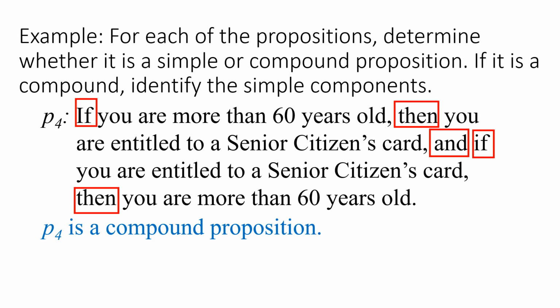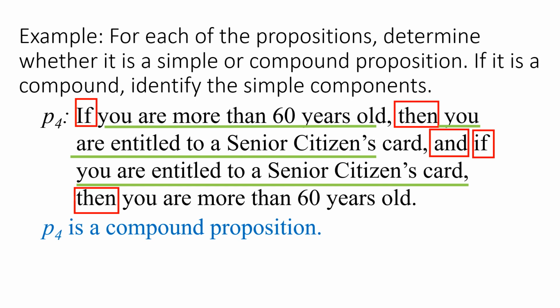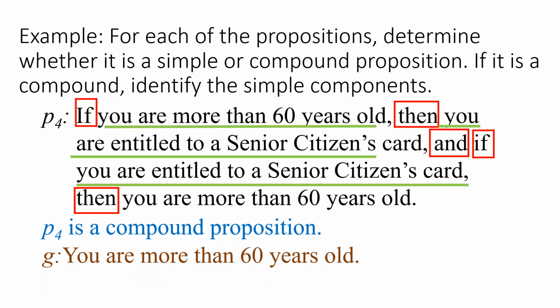So we have these component propositions. You are more than 60 years old. You are entitled to a senior citizen's card. Then you have, you are entitled to a senior citizen's card. I forgot, you are more than 60 years old. So in other words, you have four propositions.